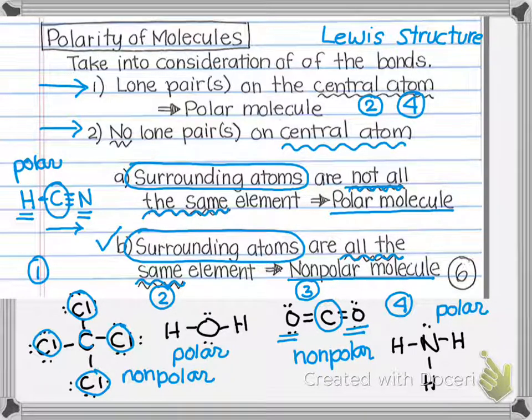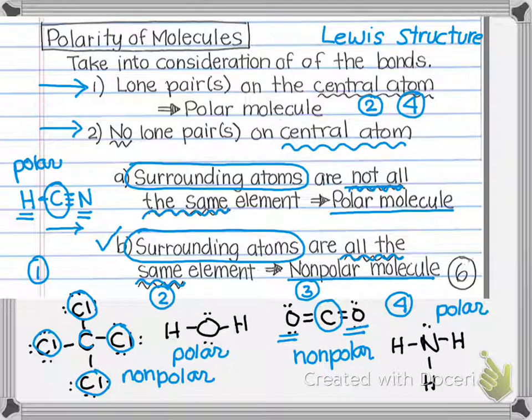So read the questions carefully. When it's talking about the polarity of molecules, we're not necessarily going to use electronegativity, but instead we're going to look at the Lewis structure. First, we can look at the central atom and see if there are lone pairs. And if there are lone pairs, that creates an unequal distribution of electrons, and that's a polar molecule. But if there are no lone pairs on the central atom, you have to look at the elements that central atom is attached to.